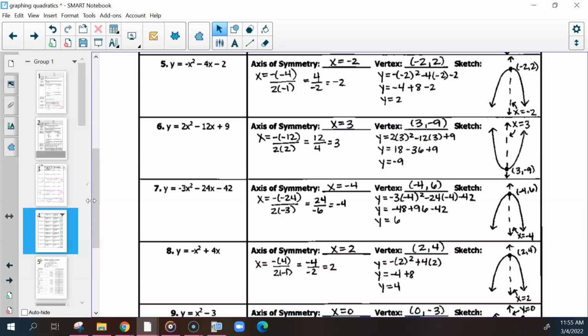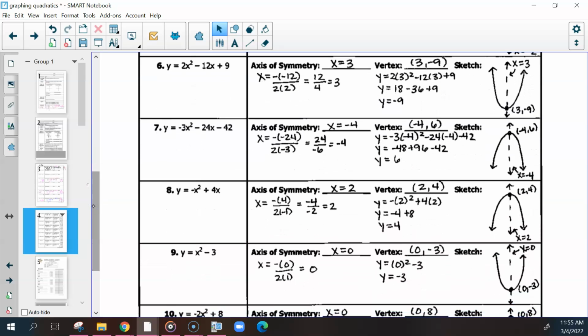So we would be dividing by 4 to get 3. For 7, axis of symmetry, x equals -4, vertex -4, 6, and this was facing down.